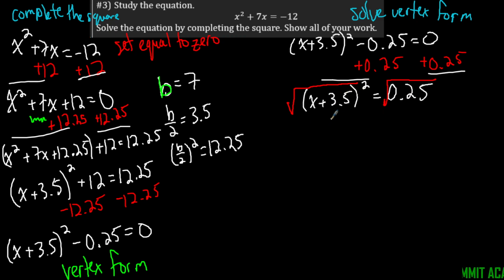But for this, on the left side, the parentheses go away, so now all I have is x plus 3.5, and then I have equals plus or minus. When you take a square root of a number, usually you're going to have a positive answer and a negative answer. So to show that, I'm going to have that plus or minus symbol. So now I have plus or minus square root of 0.25.